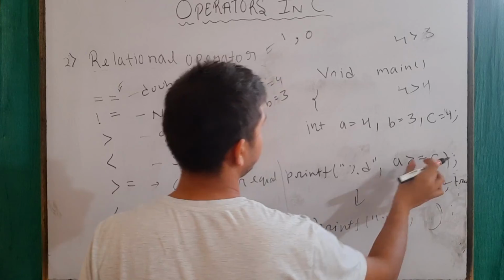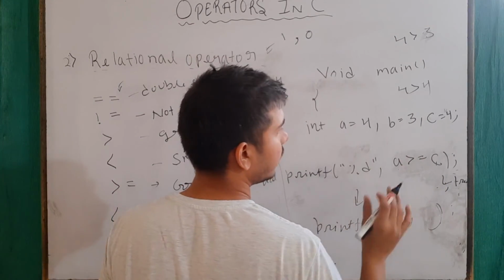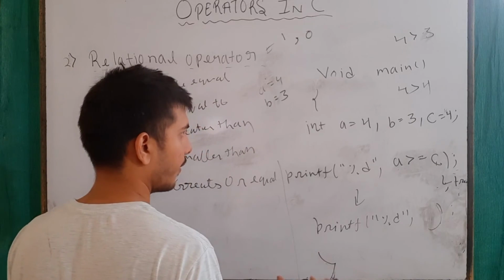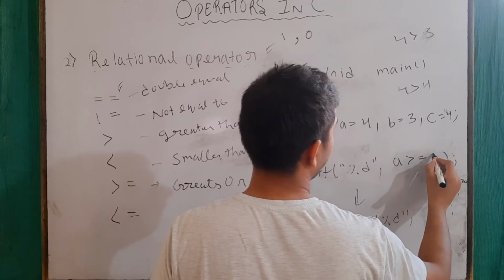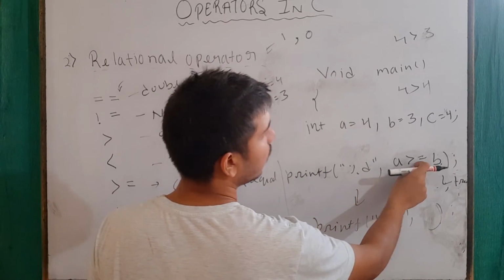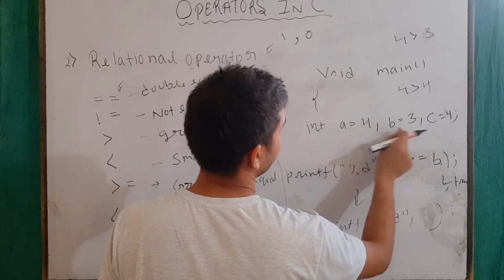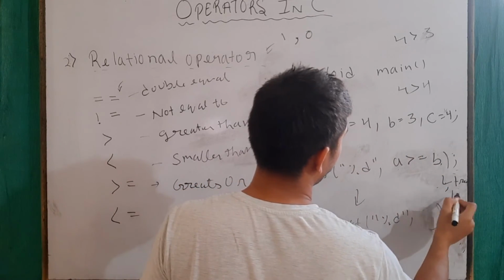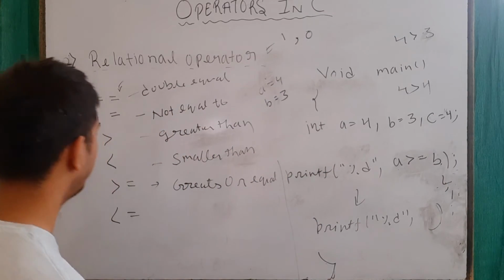This expression is checking for two conditions: either it is greater or it is equal. Now if I write here B, A is not equal to B, but A is greater than B. Right? 4 is greater than 3. So it will also give me true, or we can say 1 as an output.